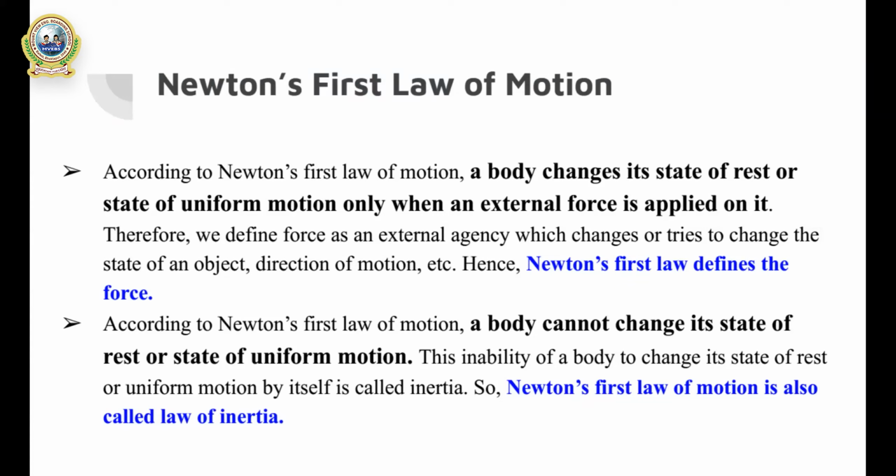So, students, we always define force as an external agency which is applied on the body so that it changes the position or state of an object. Understood? So we can say Newton's first law of motion defines force.